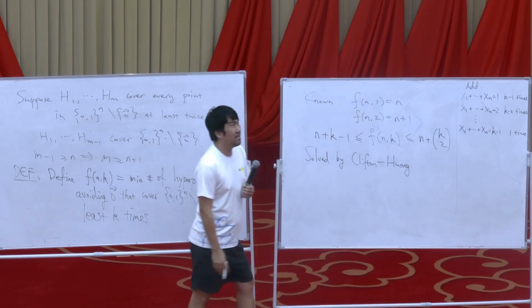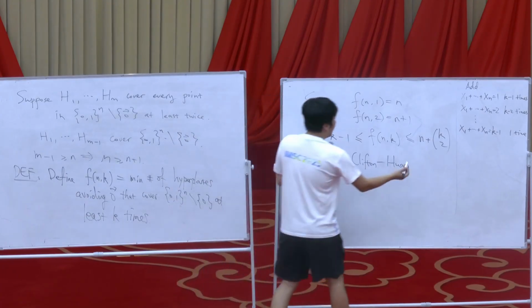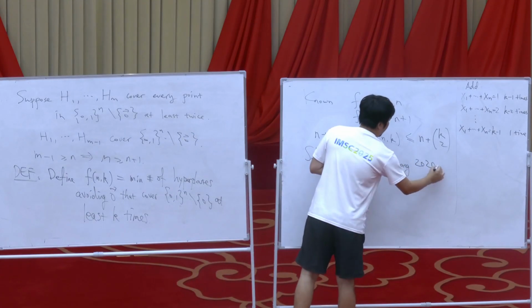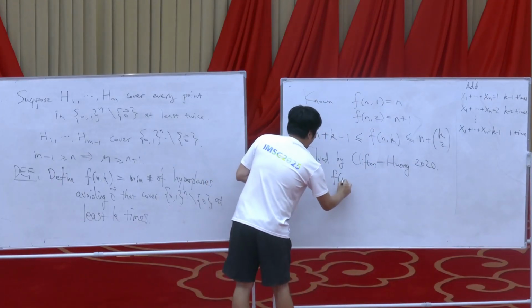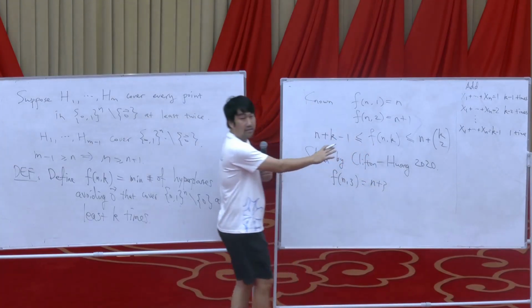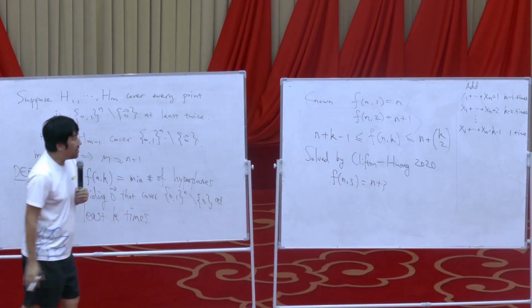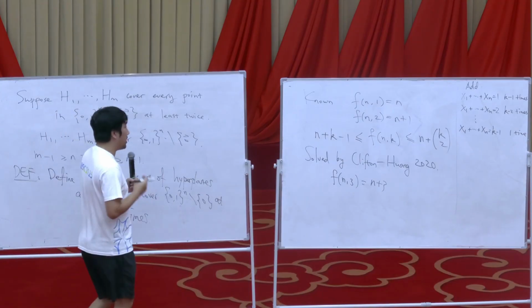I think it was published in 2020, probably solved earlier, that fn3 is n plus 3. The upper bound is correct. And the technique they used is a variation of combinatorial nullstellensatz.